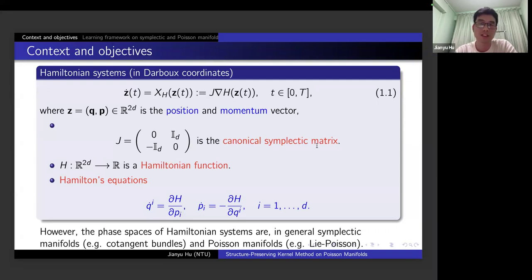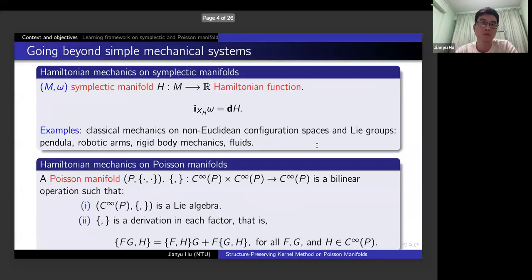However, in general, the phase space of a Hamiltonian system is not a flat Euclidean space. It is often a symplectic manifold or a Poisson manifold. This motivates us to go beyond simple mechanical systems. So in this talk, I will focus on learning on general symplectic and Poisson manifolds.